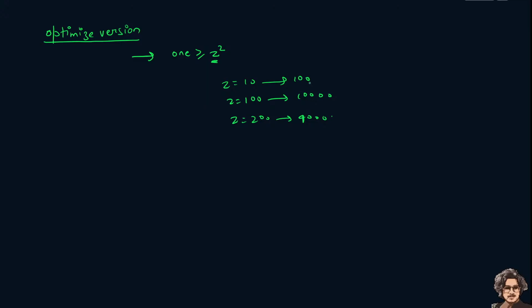Since the maximum length n is less than or equal to 40,000, if all the characters in the substring are zeros, then we have 40,000 zeros, and we have to do the square.